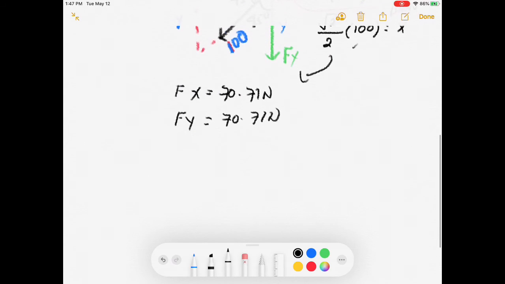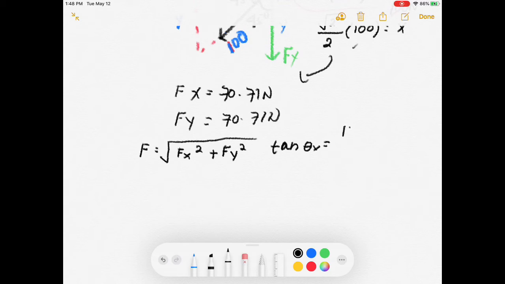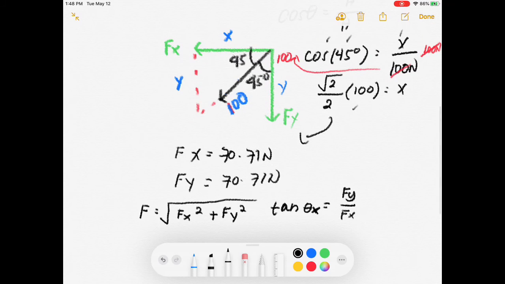There is a method to check if the values we got are correct. Recall the formula: the resultant F equals the square root of the x component squared plus the Fy component squared. Then to check the angle with reference to x, tangent theta x equals Fy over Fx. Take note, the angle is subscripted x, meaning its reference is the x-axis.